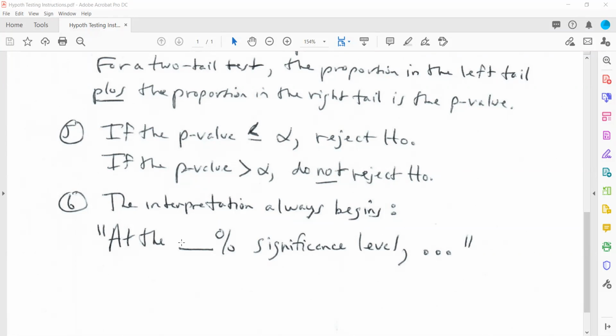So in the case that we just saw, if I said at the 1% significance level, I would say there is not enough evidence to reject the null. If I said at the 5% significance level, I would say there is enough evidence to reject the null. See what I'm saying? So the interpretation has to have this little phrase about the significance level, because in many cases, that will determine whether you reject or do not reject the null.